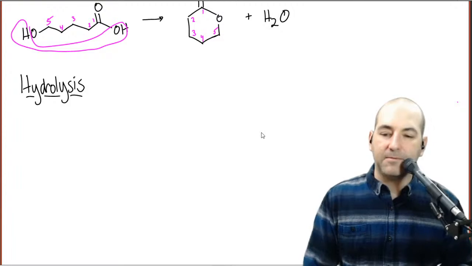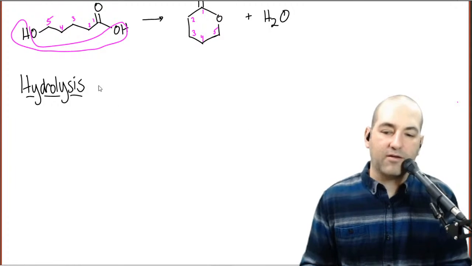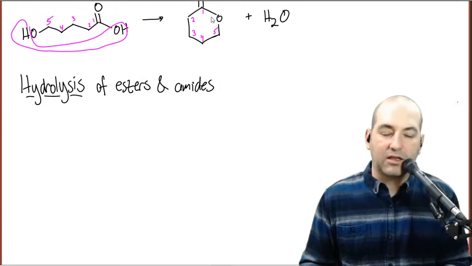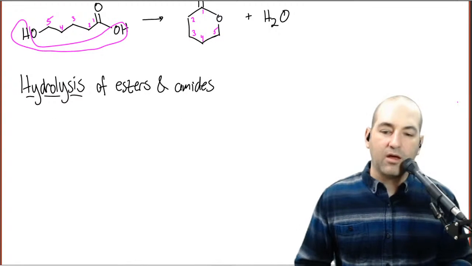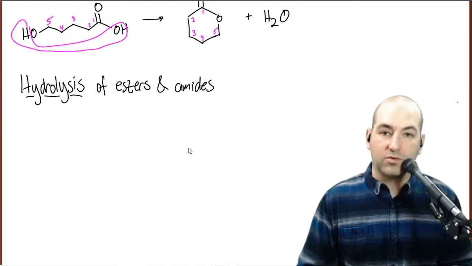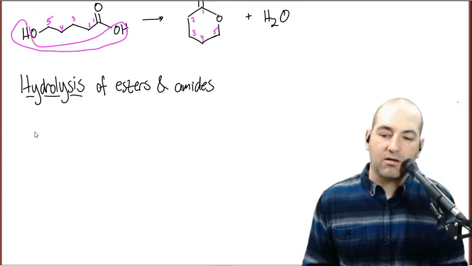That's a little bit different, but we're going to focus right now on this specific hydrolysis of esters and amides because that is directly related to what we just did. So hydrolysis of esters and amides is really just the backwards reaction of what we just did. So you would take an ester, let's say, or an amide.